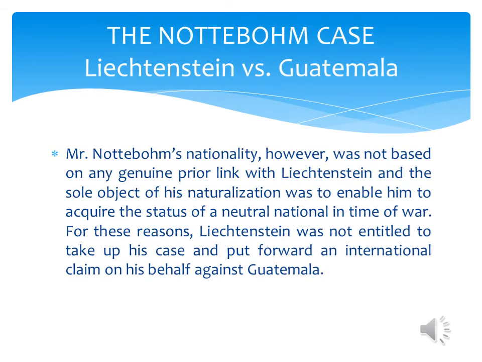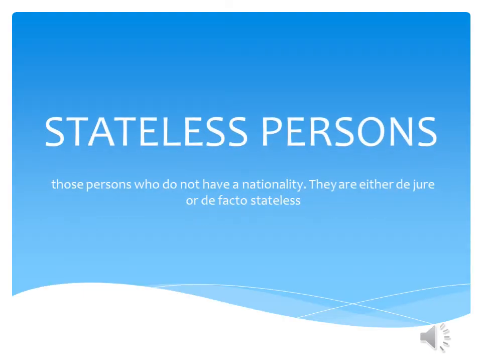Mr. Nottebohm's nationality was not based on any genuine prior link with Liechtenstein, and the sole object of his naturalization was to enable him to acquire the status of neutral national in time of war. For these reasons, Liechtenstein was not entitled to take up his case and put forward an international claim on his behalf against Guatemala. Who are those stateless persons?